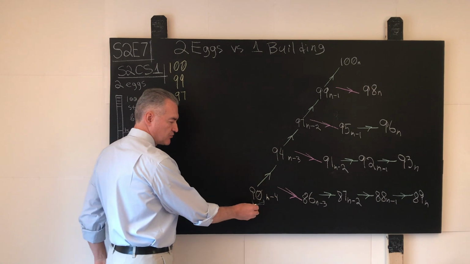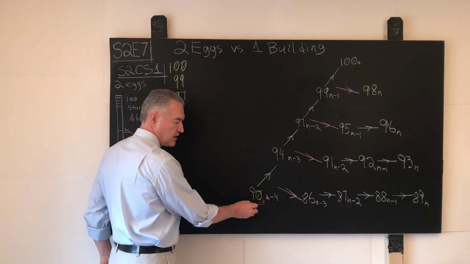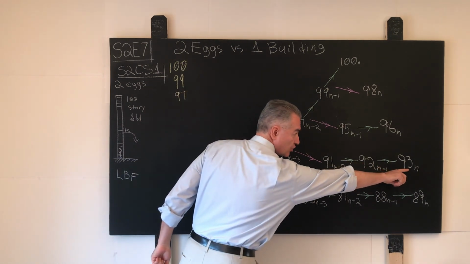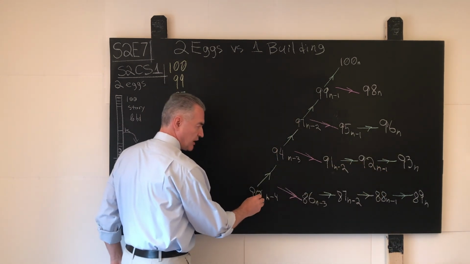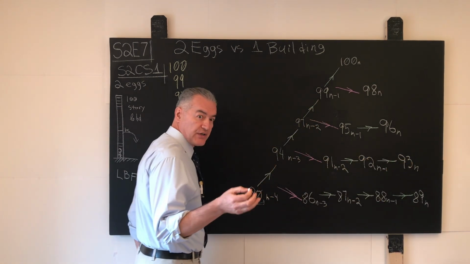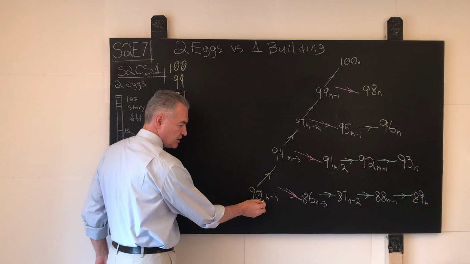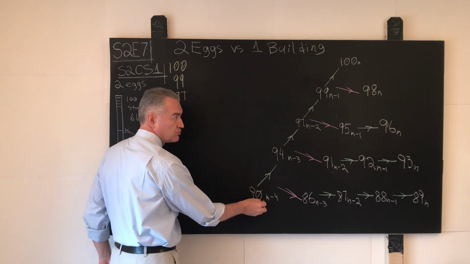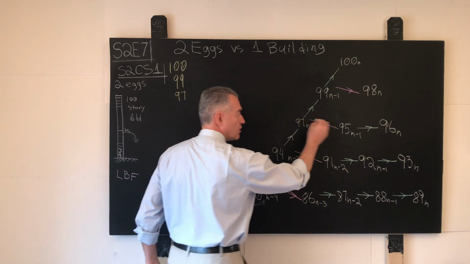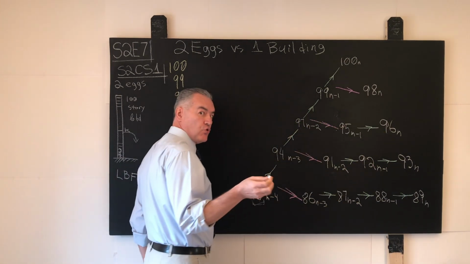What is the distance from the node named 90 to the terminal nodes above, to the node 93, for example? Well, we count 1, 2, 3, 4. 4 again. What is the distance from the node named 90 to the terminal node 96? 1, 2, 3, 4. 4 again.